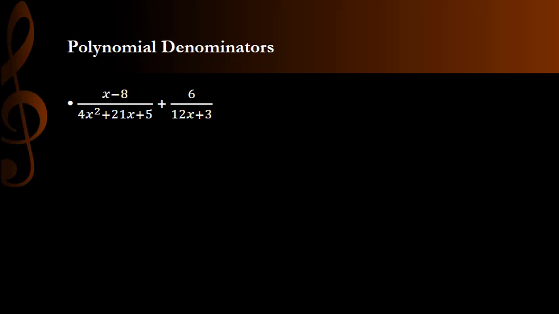Let's factor this 4x squared plus 21x plus 5. We'll set up my two parentheses. I know I'm going to have an x and an x. It's got to be plus, plus, because my third term is plus and my middle term is plus.